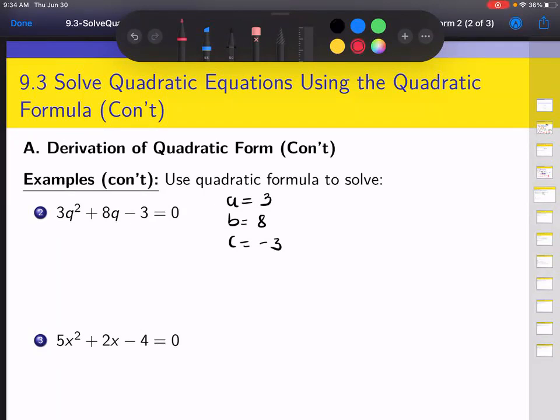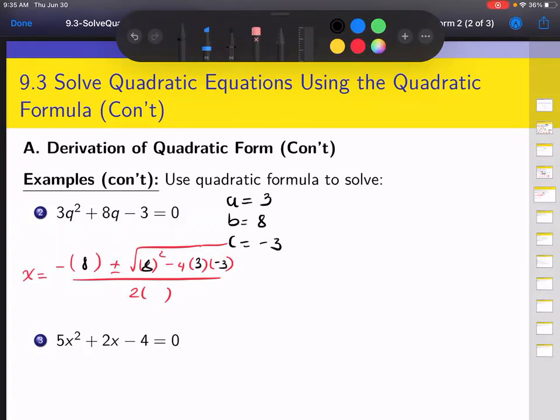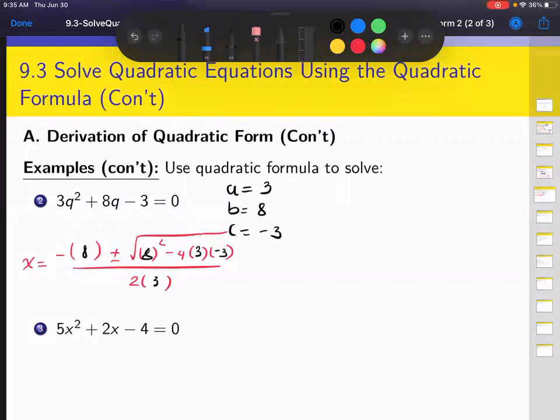So x equals negative B plus or minus the square root of B squared minus 4AC, over 2A. So -8, 8 squared, -4 times 3 times -3, and 2A, so 6 down there. Thank you, Corey.